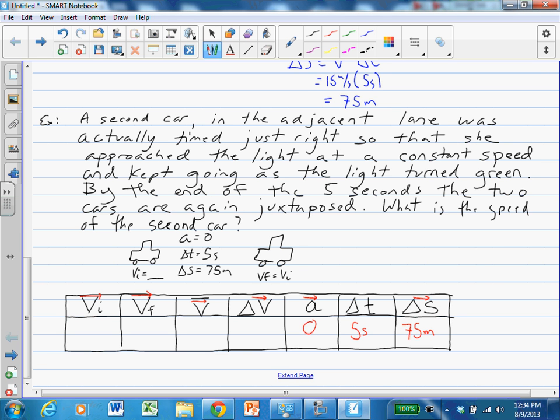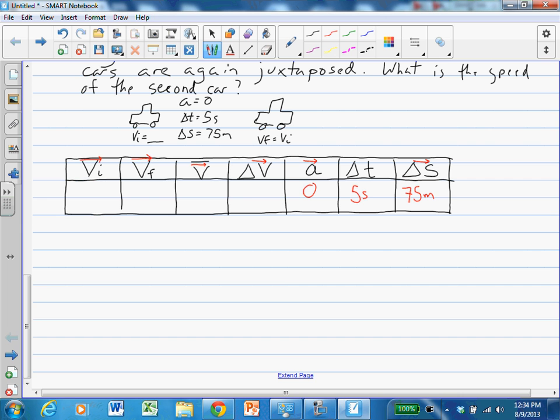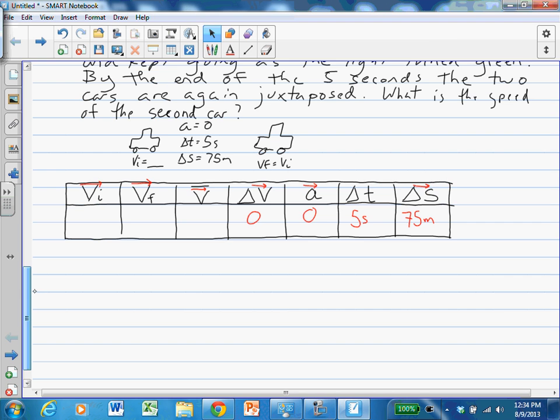We don't know VI, VF, V bar, delta V. Actually, if VF is equal to VI, we do know that delta V is 0. And these VI, VF, and V bar will all be equal.